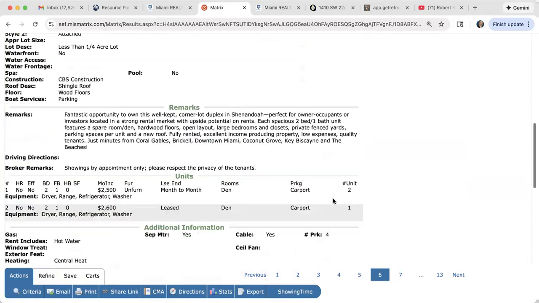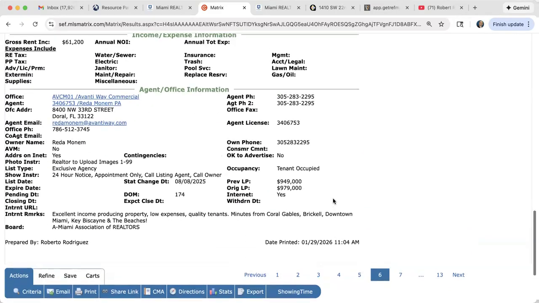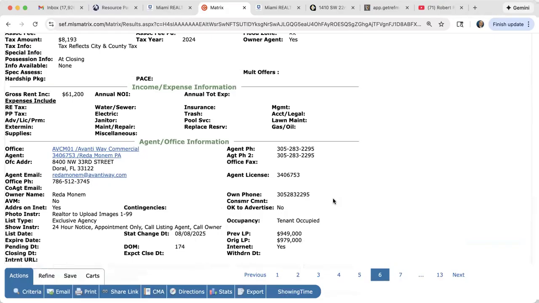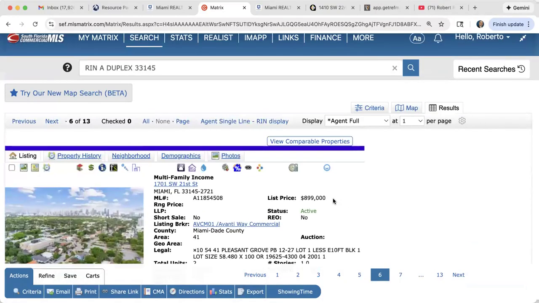So if you're looking at 61,200 in gross income, and divide that by the purchase price of $899,000, you're looking at 6.8% gross. After you calculate your expenses, you're probably right around 5% net.